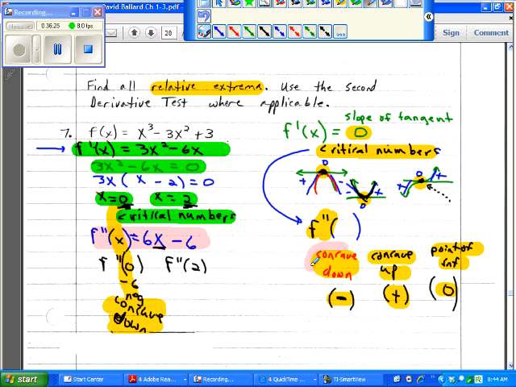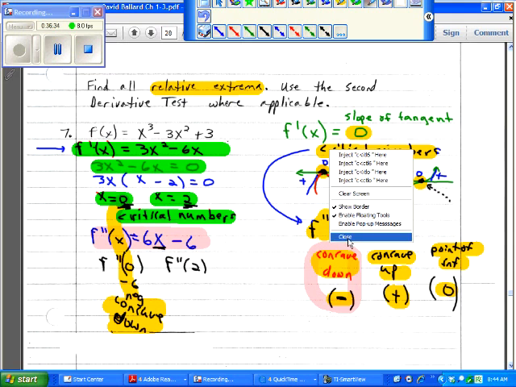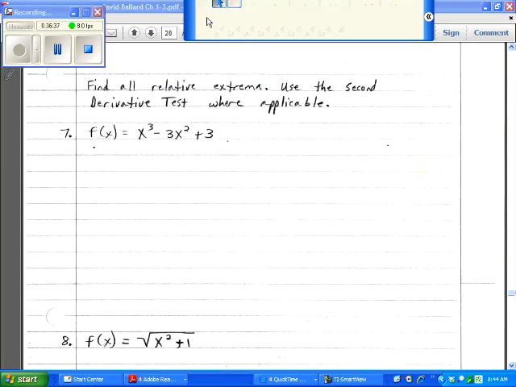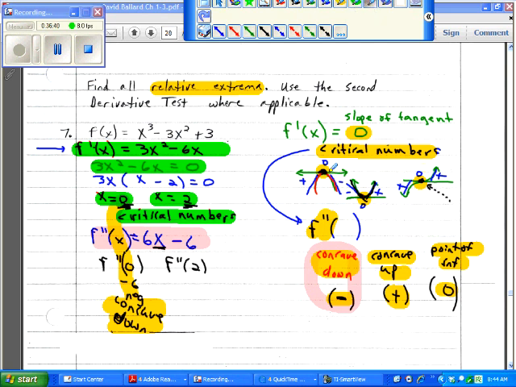Because in the second derivative it's concave down, that tells me that at that critical point, it must have been a relative maximum. Okay? Relative max. Okay, you understand?